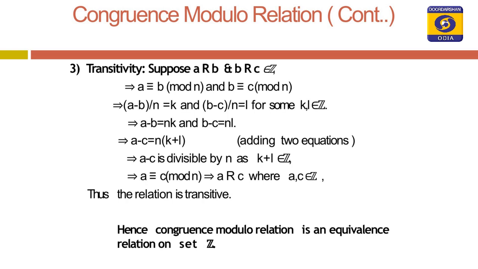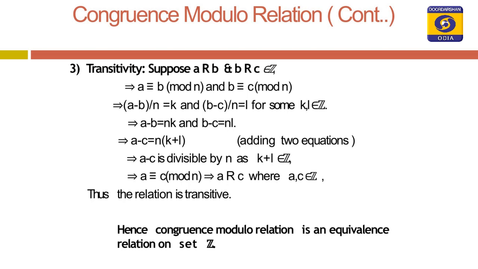That means, we consider A R B and B R C, where A, B, C are integers, we will prove that A R C. So, A R B and B R C means A is congruent to B mod n and B is congruent to C mod n. We will prove that A is congruent to C mod n.